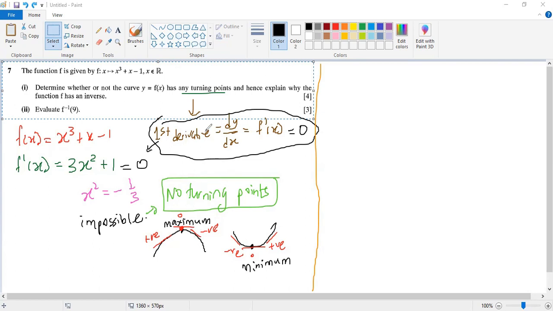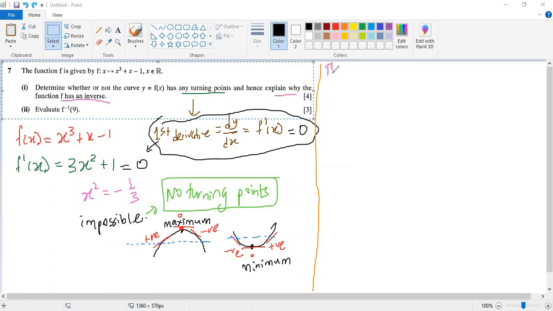So no turning points means this cannot happen, and we have a unique situation where, if you draw a line parallel to the x-axis, y equals something, it won't have 2 intersection points. With turning points, the function would not be one-to-one, so it could not have an inverse. That is why the question says to explain why the function has an inverse.